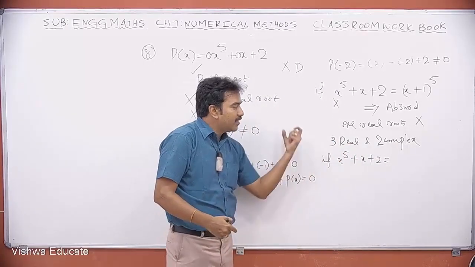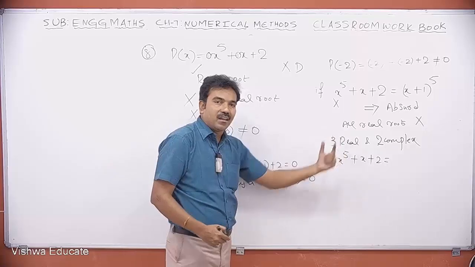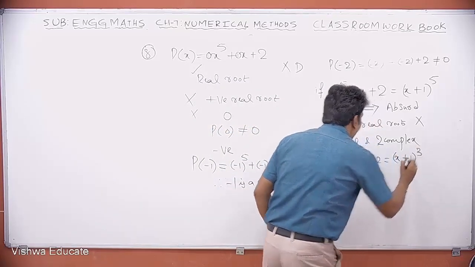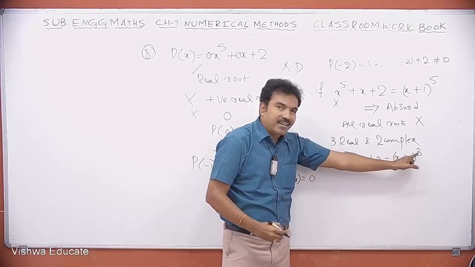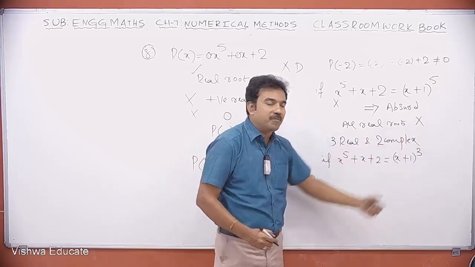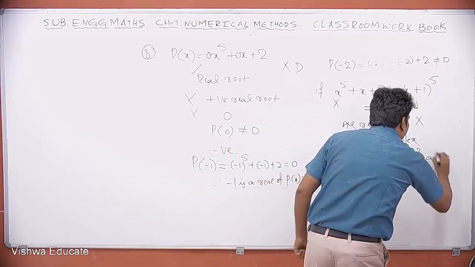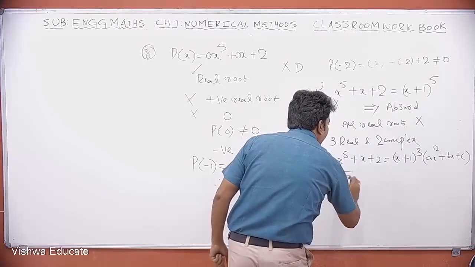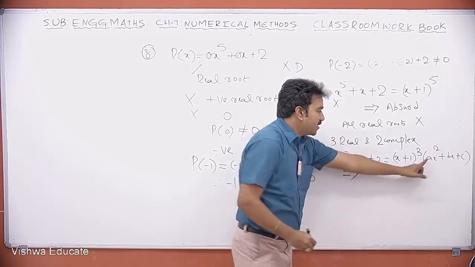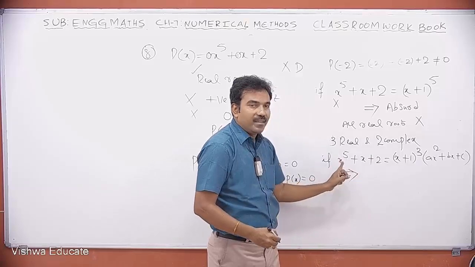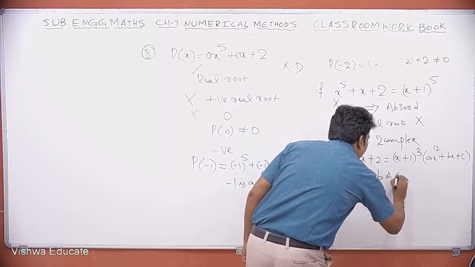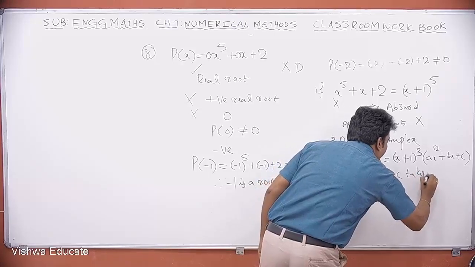If I go in favor of option 3 real and 2 complex, then this becomes x plus 1 whole cube. Already the degree is 5, and it is written as 3, so the next must be a second degree polynomial expression. So this is ax square plus bx plus c. In this case, the value of a becomes 1. But there is a chance that either b or c takes multiple values.